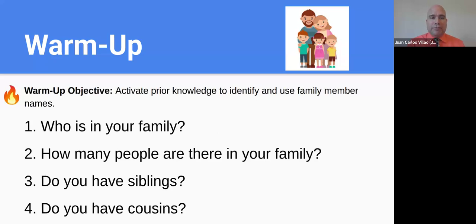You could do this independently first and then come back and go over the answers. I invite you to have the students do this independently first. And after you've given them a few minutes, 5 minutes or so, then you could go over it as a class or randomly choose students to answer and share what they have responded to each respective question.